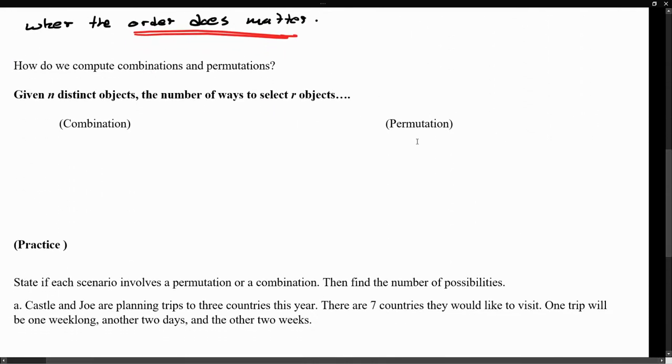Now, how can we properly find out the total amount of groups that we can create from those objects? Well, it just so happens that we do have a formula to properly define the number of groups that we can create under a combination and a permutation. And this is how we find them. Given n distinct objects, the number of ways to select our objects where the order matters.